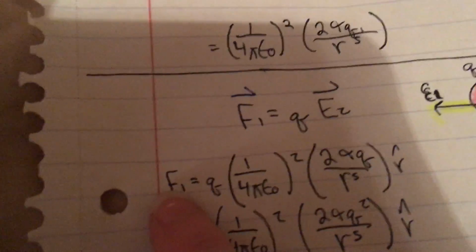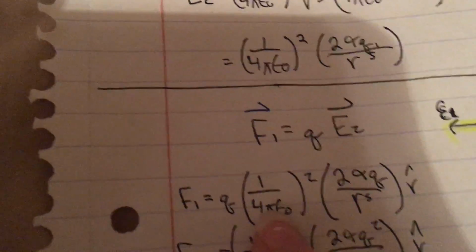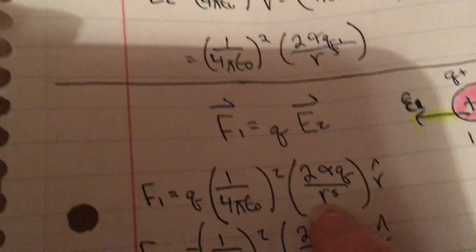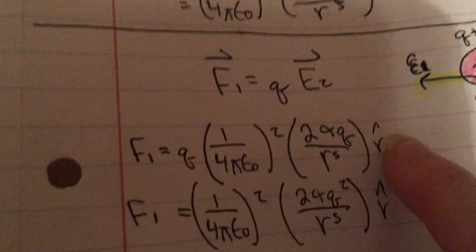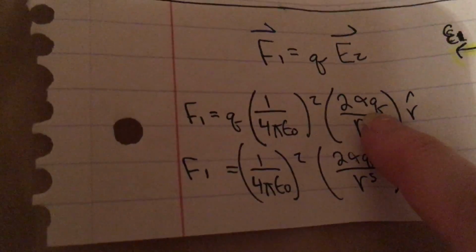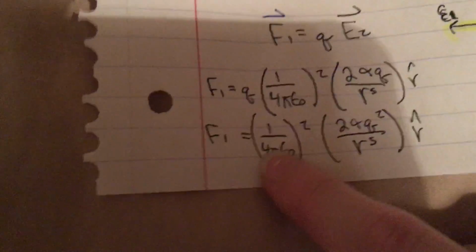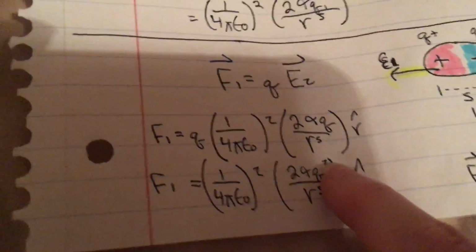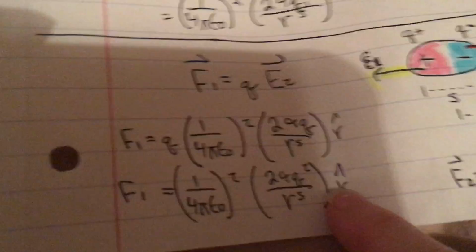What we get is F equals q times 1 over 4 pi epsilon naught squared times 2 alpha q over r to the 5th r hat. We move our q over here, and then we get 1 over 4 pi epsilon naught squared times 2 alpha q squared over r to the 5th r hat.